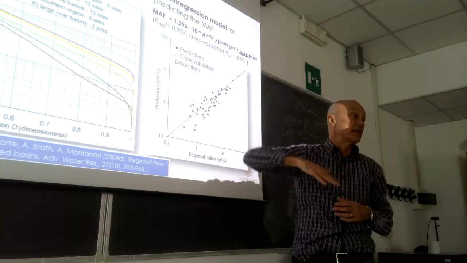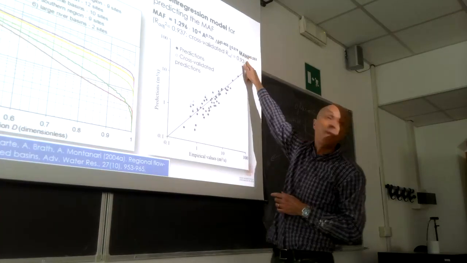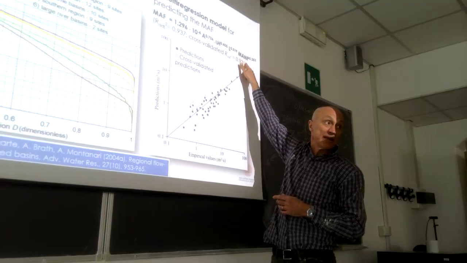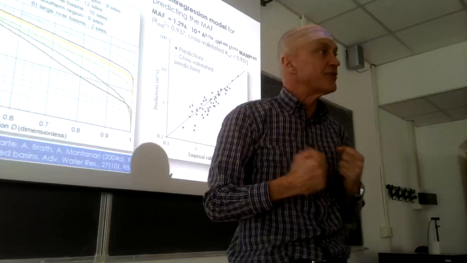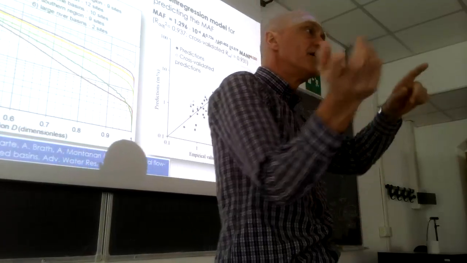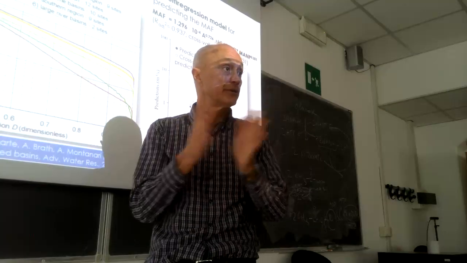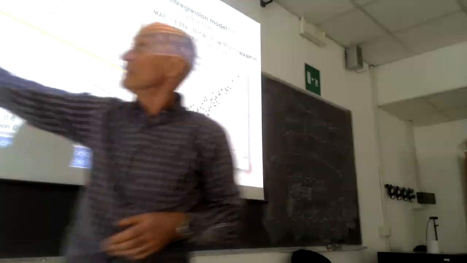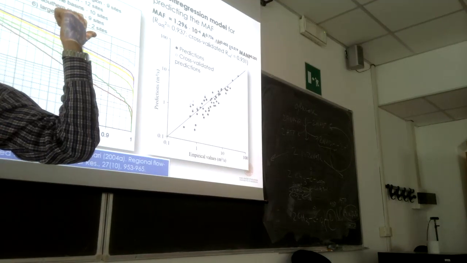Then it's done. You have the mean annual flow predicted on the basis of catchment descriptors. You remember the table I included in the practical activity description? There was a table of catchment descriptors. You predict this with catchment descriptors. You get this from the average regional curve, and you have a prediction of your flow duration curves.